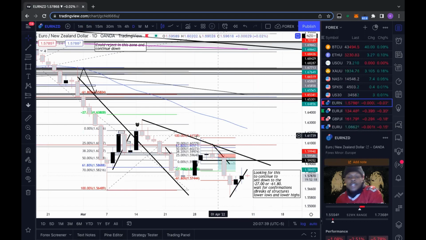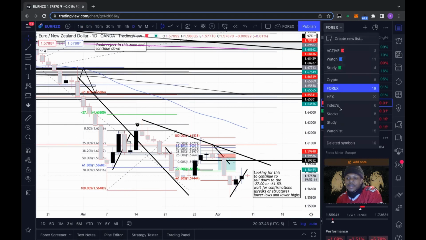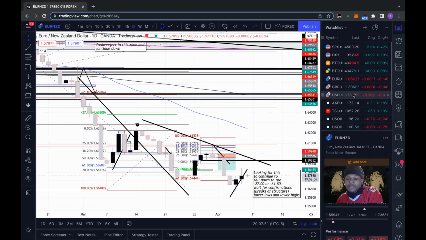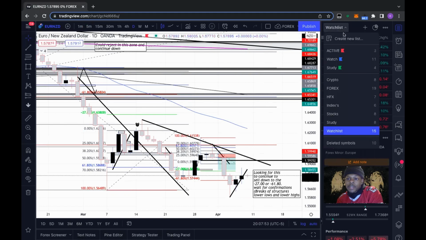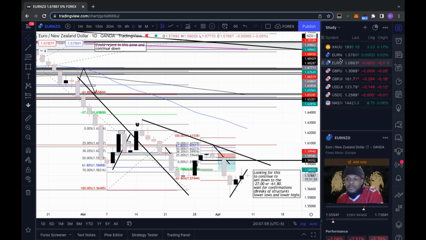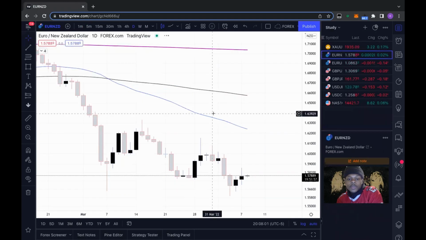So as you guys can see on the daily chart, I started from, let's see, actually, I'm gonna start on a whole new chart so you guys can see how I actually trade. So I'm gonna go with study. This should be clear.